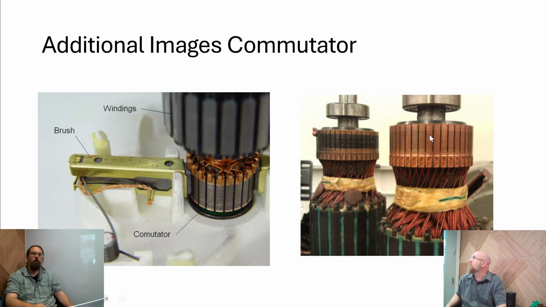If we're looking at this patch of copper here, it is directly connected to a coil of wire, and 180 degrees from this patch on the opposite side of the commutator is another one that forms the connection to the other end of that coil, between positive and negative. Then as it rotates, it's switching to the next coil, and the next coil, to energize each, which allows the alternating to happen that causes the repulsion and attraction.